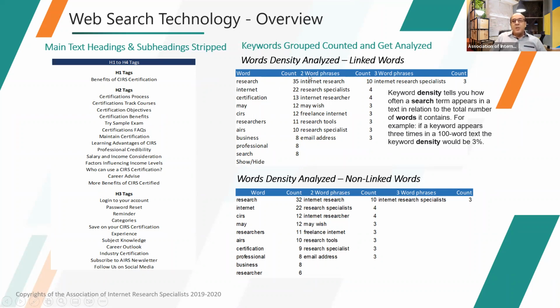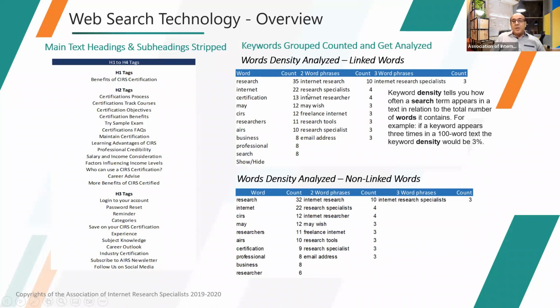Similarly, it is going to start looking for two words in sequence, as phrased, such as internet research together. It is a phrase that has a value for the search because it appeared 10 times on that particular page.